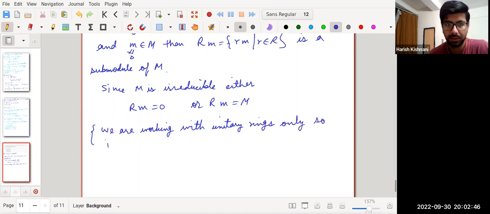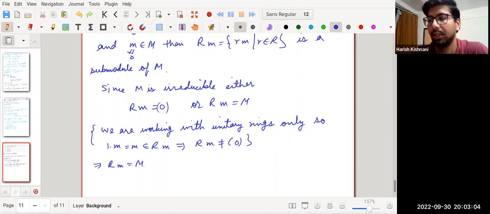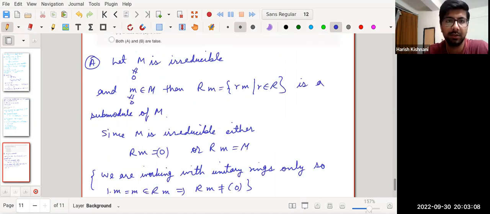So 1·m, that is m, is inside your Rm. This implies that Rm cannot be a zero module, and thus Rm has to be M, and hence statement A is true.